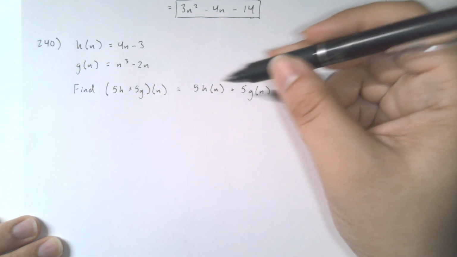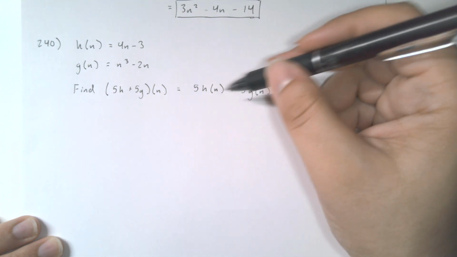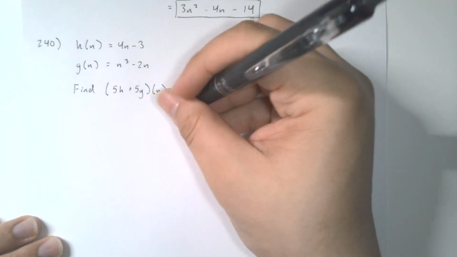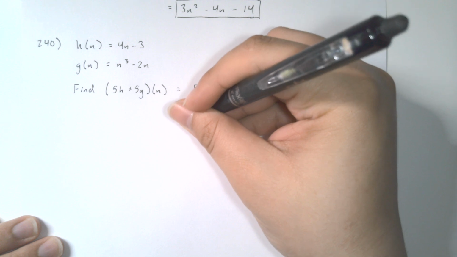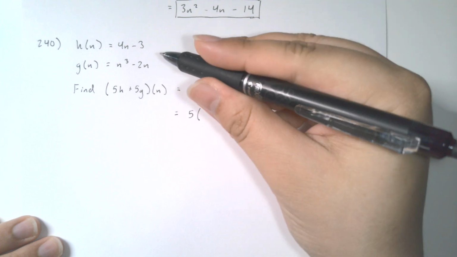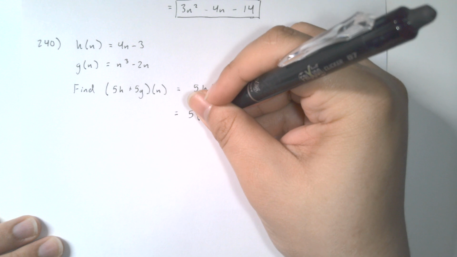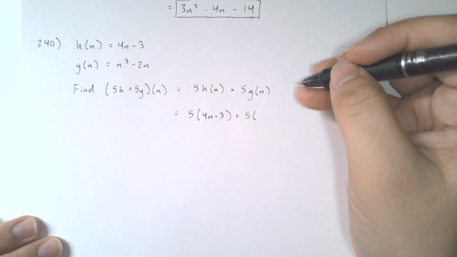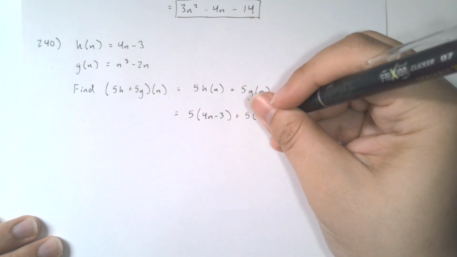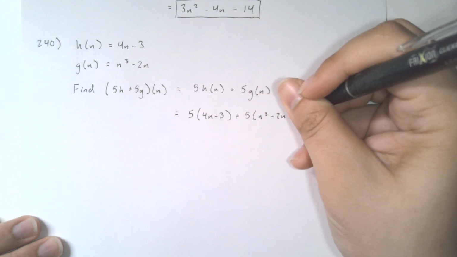So if we know what h of n and g of n are, we just plug these in and simplify our expression. So we have 5 times h of n. H of n is 4n minus 3. Plus 5 times g of n, which is n cubed minus 2n.